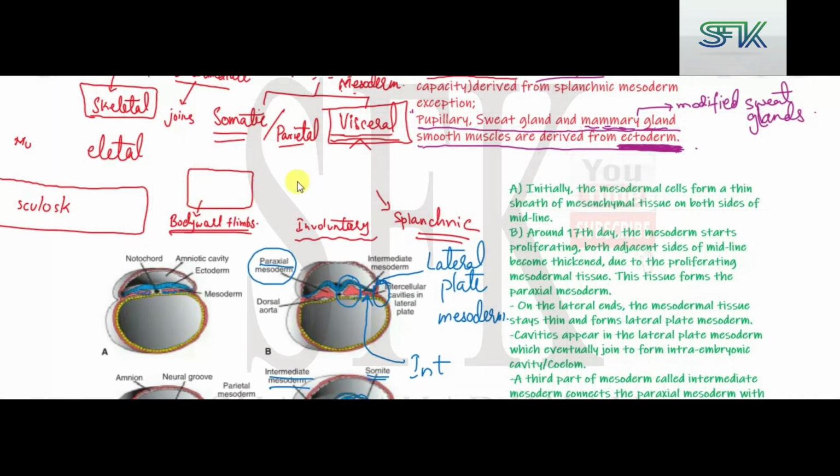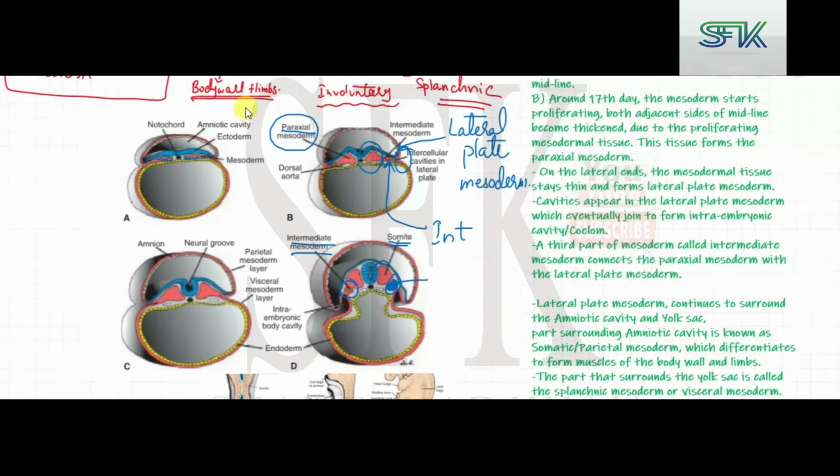What really happens over here is that initially this mesenchymal tissue develops right next to the midline. Then later on, in the lateral plate mesoderm, as labeled in the diagram, intercellular cavities develop.